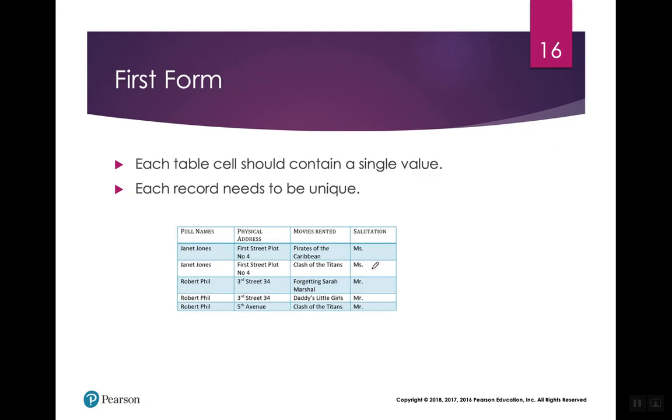For first normal form, every cell has to contain a single value, and every record has to be unique. When we break this out, instead of having one entry with two films, we have two records, each with its own copy of the film. That's what we call first normal form.